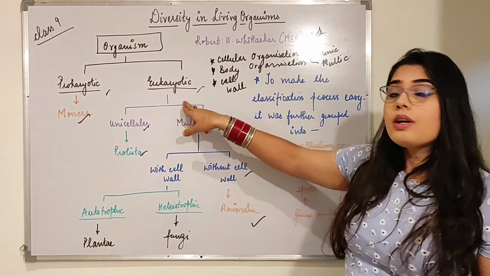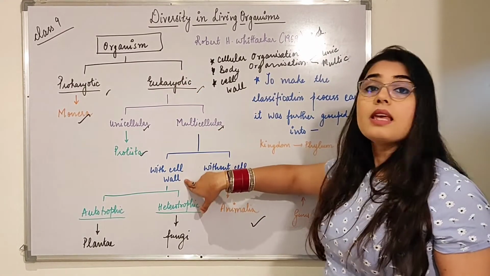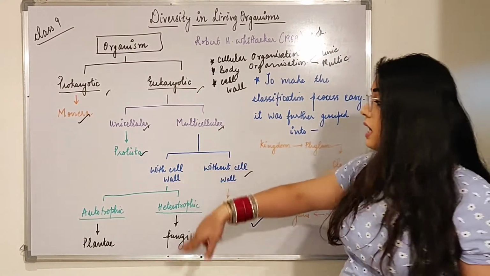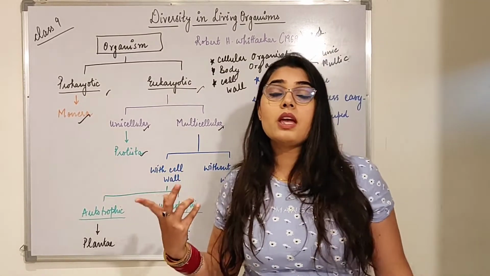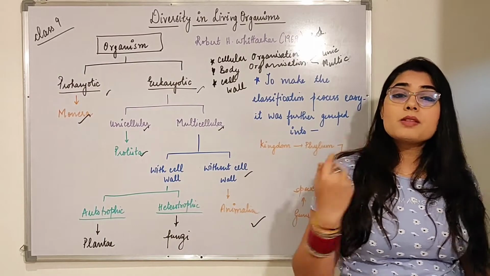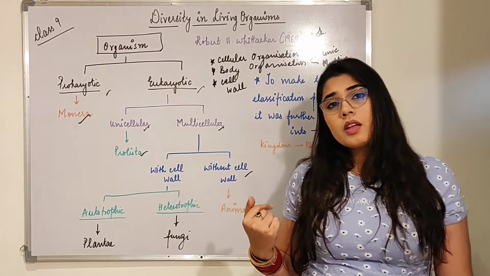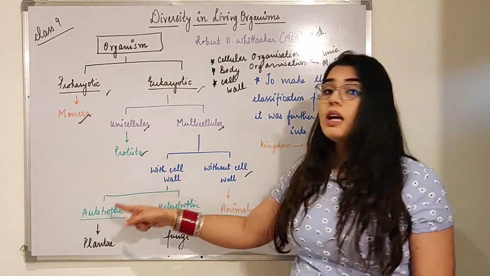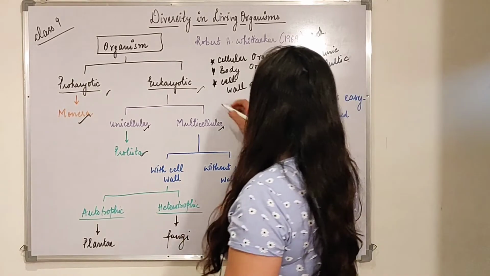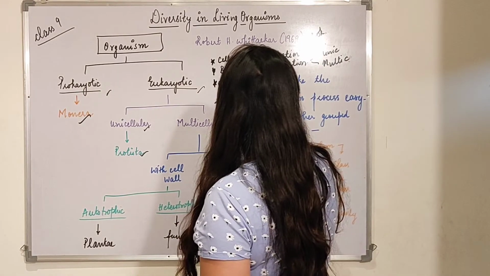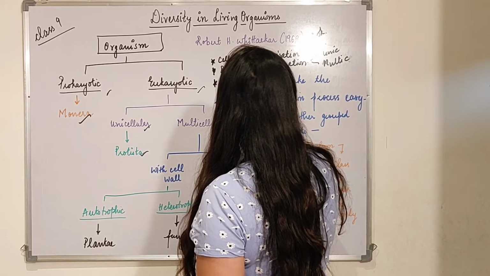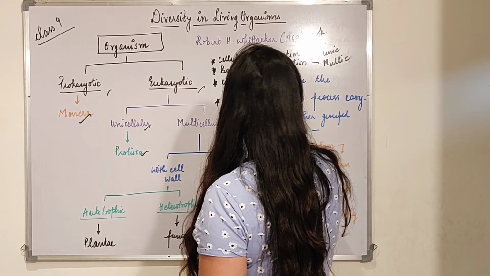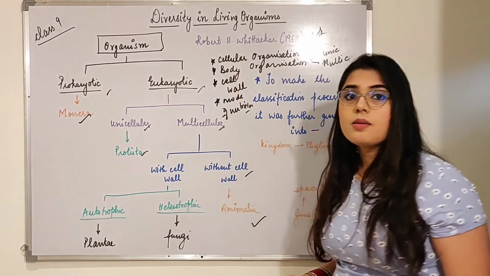But if it is eukaryotic, multicellular, with cell wall, now what will you say? A cell wall is present in fungi also, and in plants also. Now how will you identify? You will look at their mode of nutrition. After the cell wall, the last thing is mode of nutrition, whether it is autotrophic or heterotrophic.